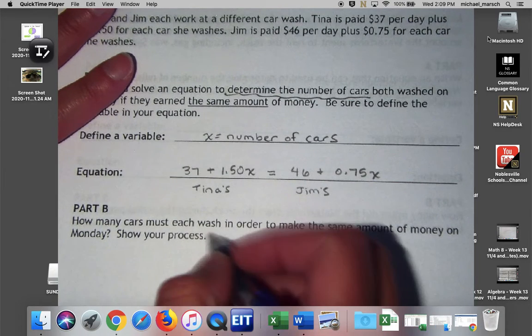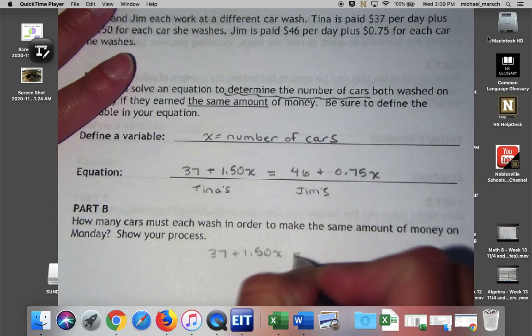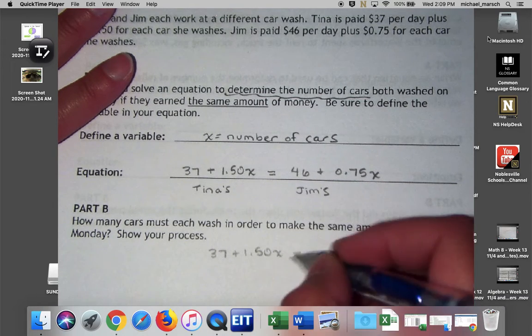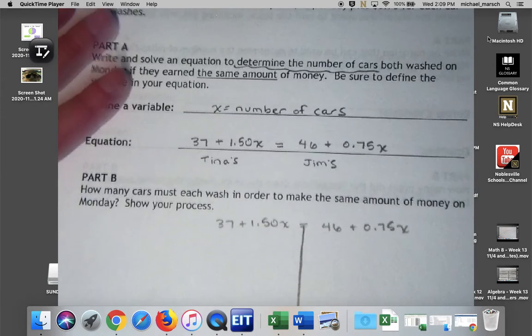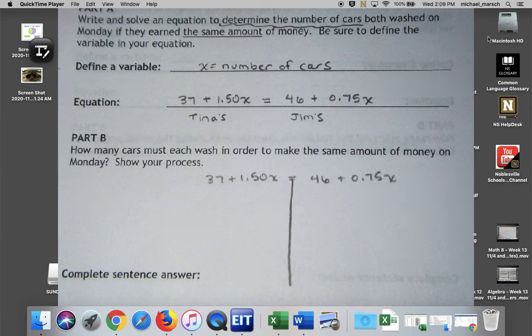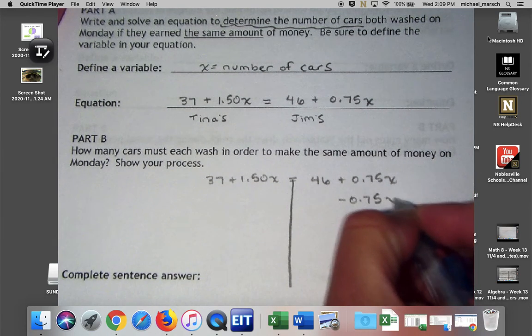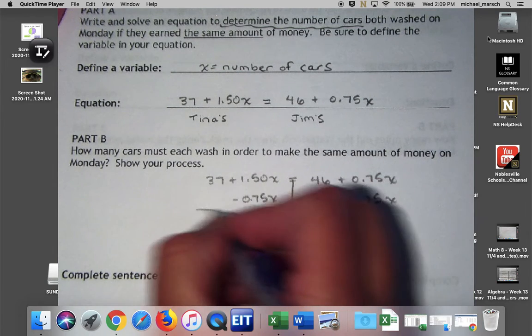So let's go ahead and solve this. 37 plus 1.50x equals 46 plus 0.75x. We still aren't giving up our wall of equality. And then I'm going to subtract 0.75x from both sides.